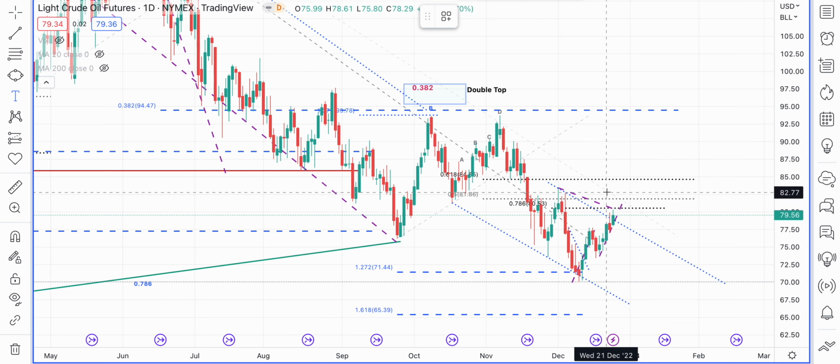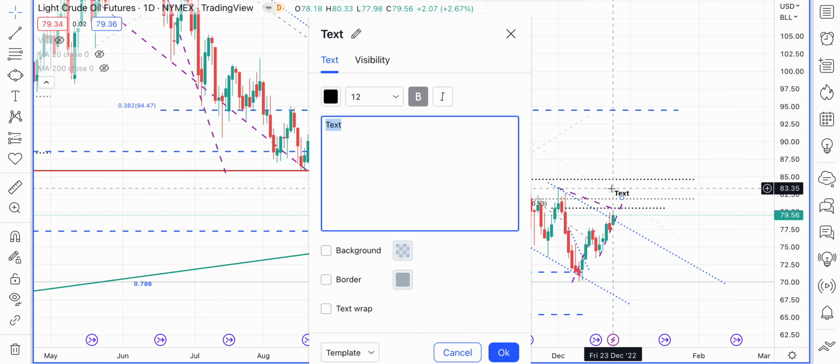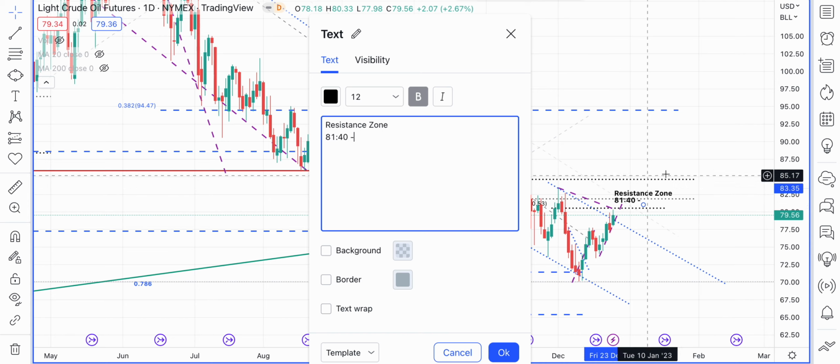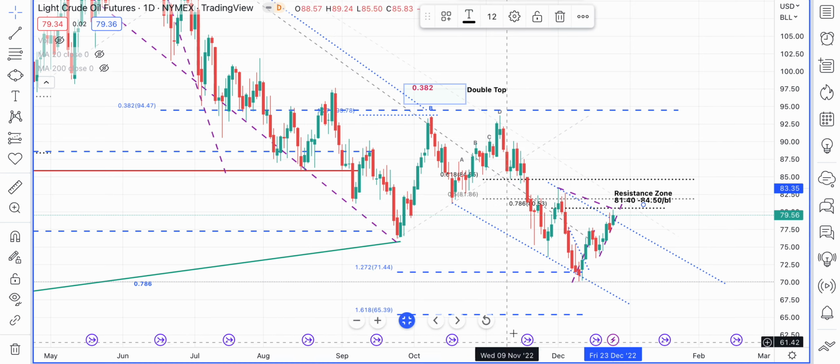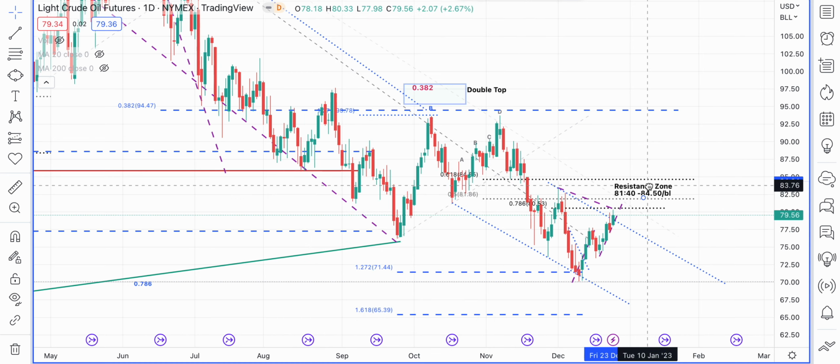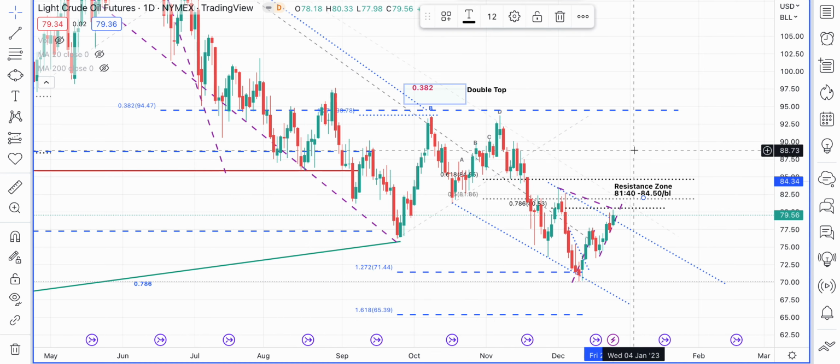So I'm going to call this the resistance zone. Our resistance zone is anywhere between 81.40 to about 84.60 per barrel.